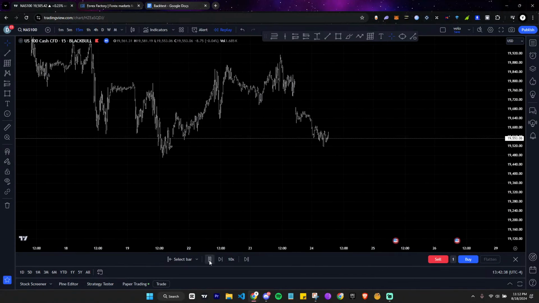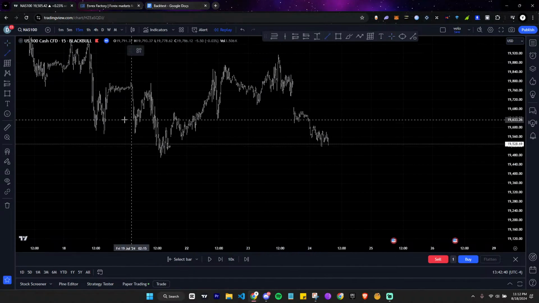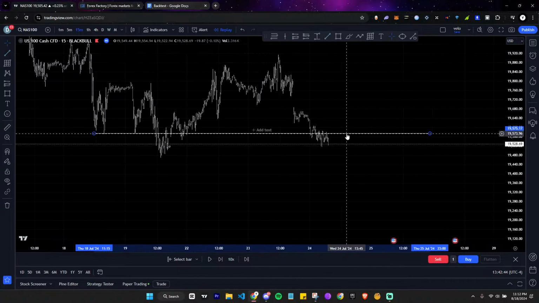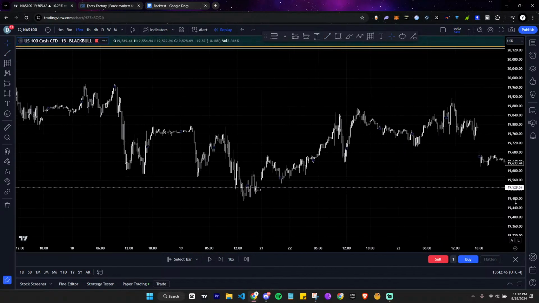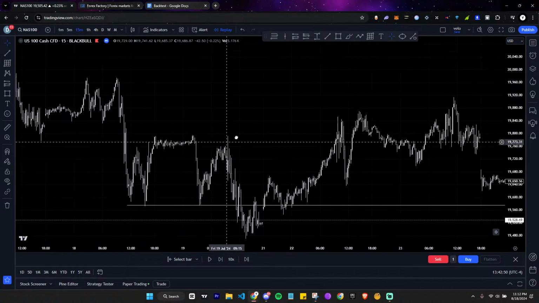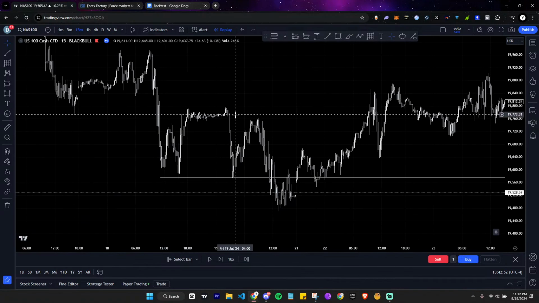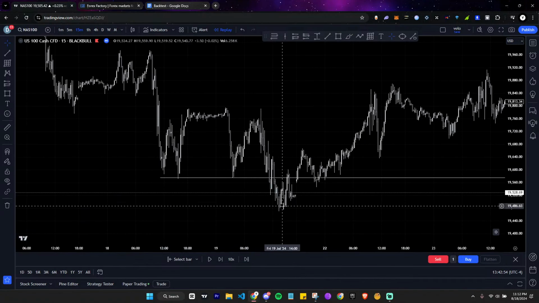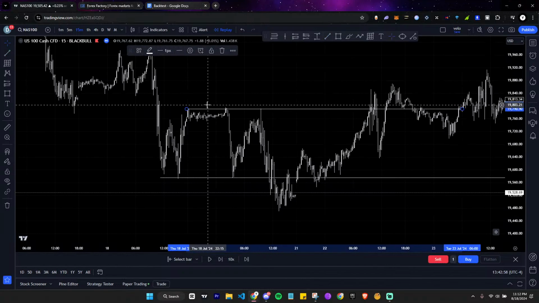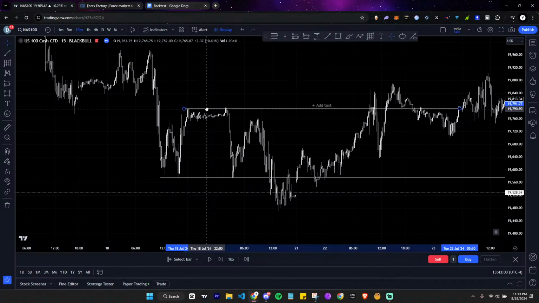What I'm looking for here is a manipulation. Okay, we manipulate, and now what I'm looking for is, you can see that this is a bit of a rally base rally type situation. So price needs to eventually rebalance these prices because we have a bunch of equal highs over here.